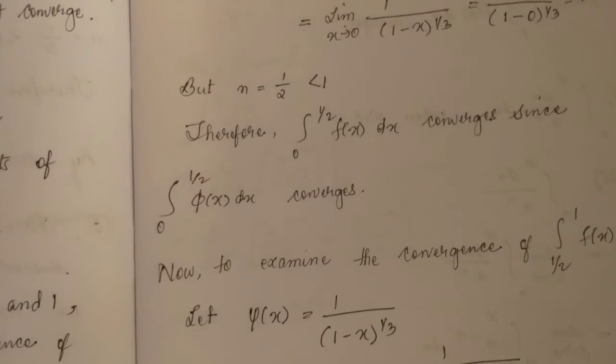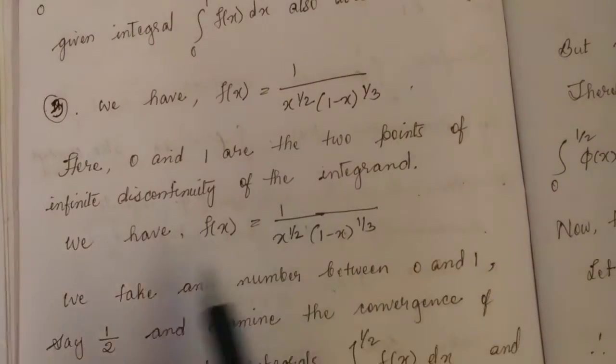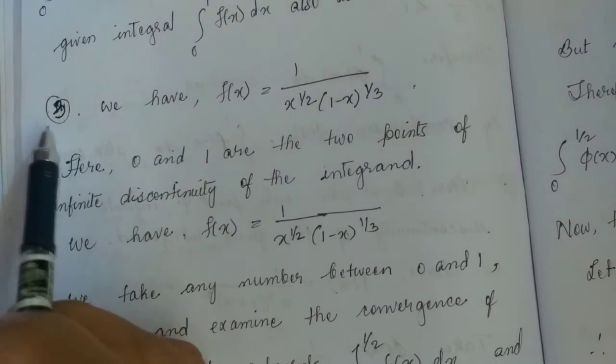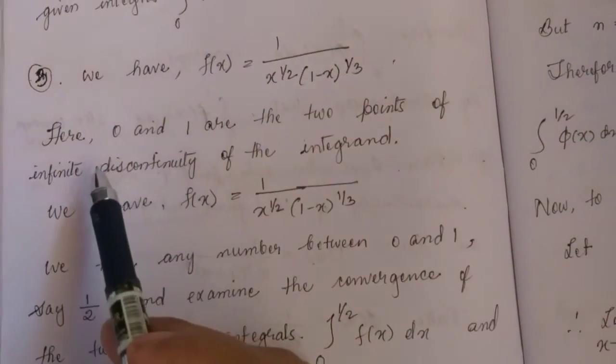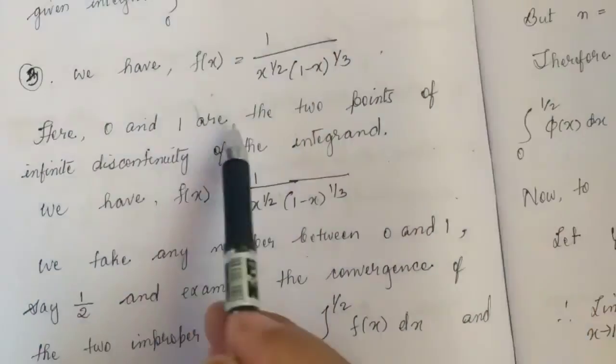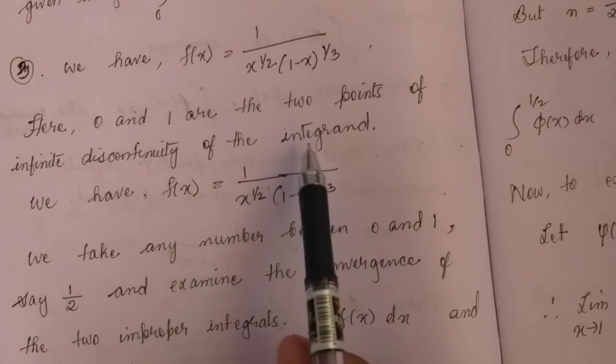If you have a look at your note, this is the third example. This one is the integrand. In your note, you have written 0 and 1 are the 2 points of infinite discontinuity of the integrand.